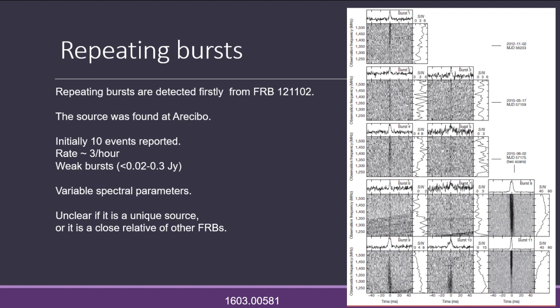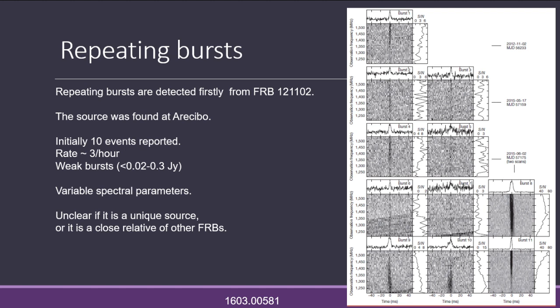They repeat quite often. There are many repetitions, many new bursts from the same source. So we absolutely exclude all these catastrophic scenarios. But another good news with a repeating source was that now it was possible to determine the position exactly.